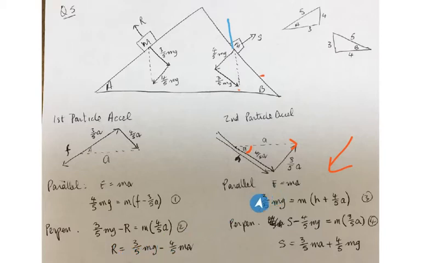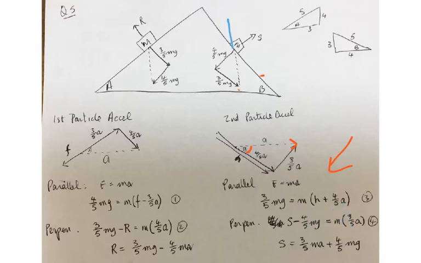Let's look at the second particle now. So parallel, F is equal to ma. So parallel is going to be 3/5 mg is equal to the mass, and the acceleration is h plus 4/5 a, the acceleration going in this direction.